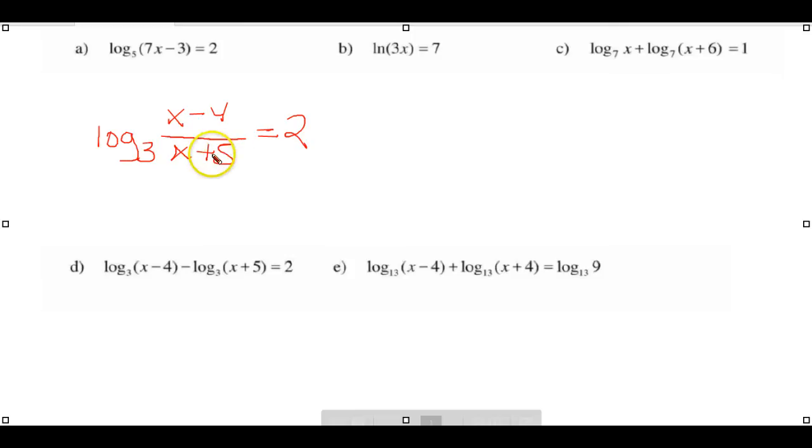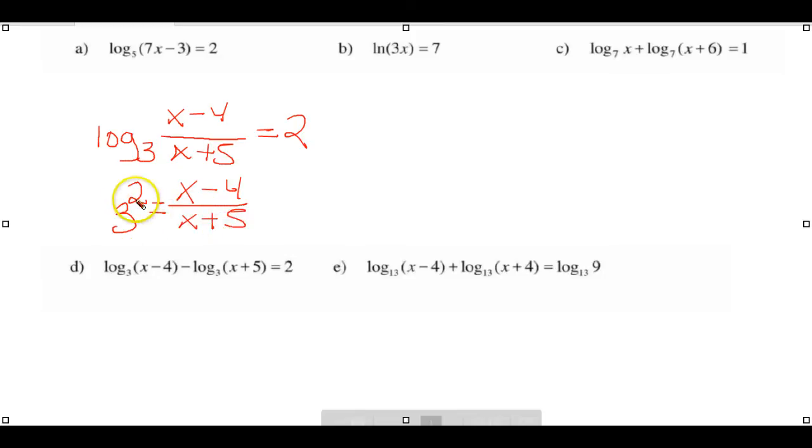So now we'll convert it to its exponential form. So our base is 3, our exponent is 2, and that will equal this fraction, x minus 4 over x plus 5.